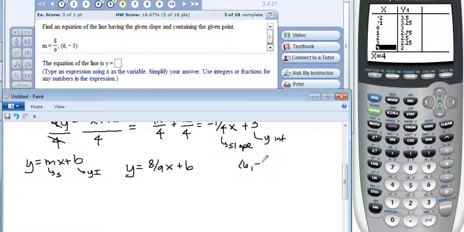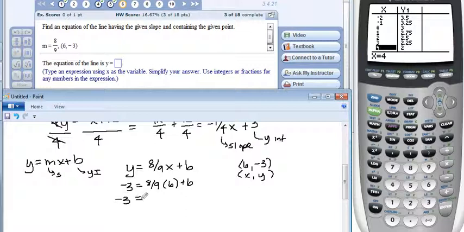If I have 6, negative 3, and that's an xy combination that does sit on the line, I'm going to put my y of negative 3 here. I'm going to put my x of 6 here, and I can solve for b. So I've got negative 3 is equal to 8/9 times 6 plus b. Because this ordered pair is on the line and this is its slope, I can find where it crosses the y-axis. Okay?